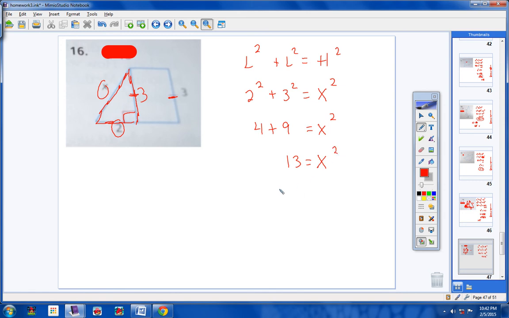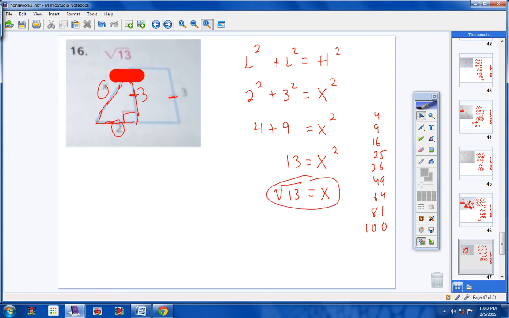Take the square root of both sides. The square root of 13 and the square root of x squared is x. Now, there is no way any of these perfect squares over here will go into 13 evenly, okay? None of these. So you are finished. This is the answer, okay?